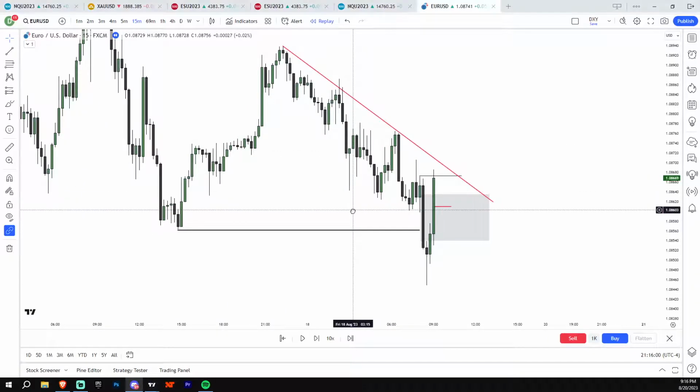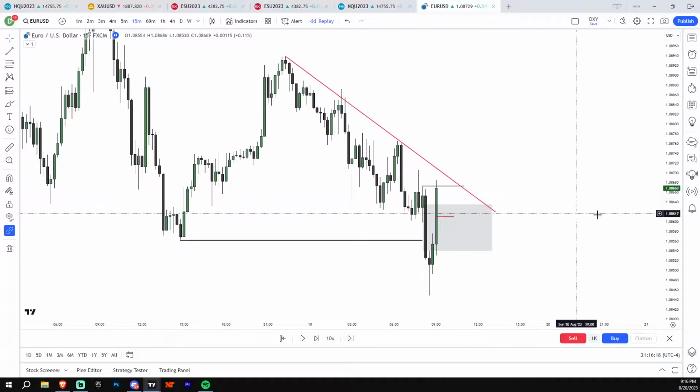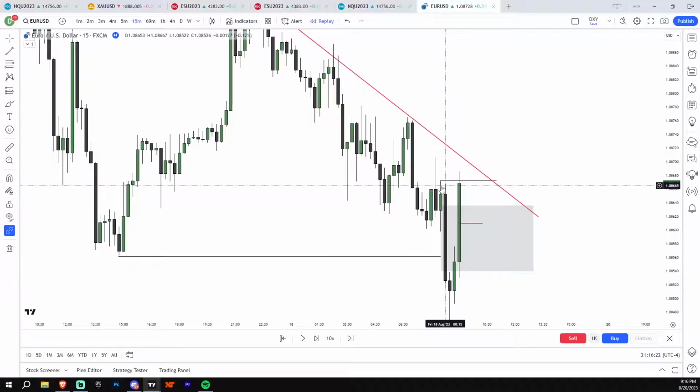So, is this valid on the 15-minute time frame, based on what I've taught? Yes. Why is it valid? There's a specific reason why this is valid now. Yes, but we took this high. Why have we taken this high? Someone argue with me.